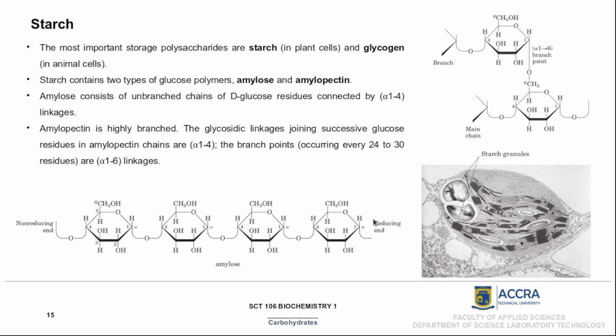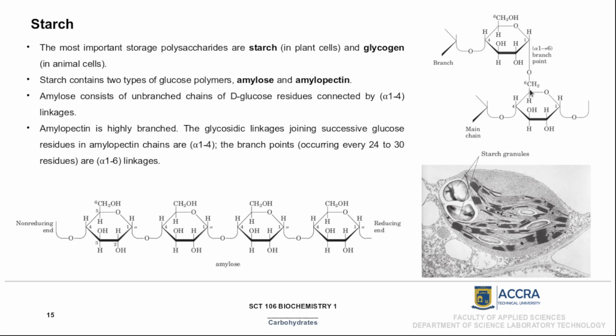However, in amylopectin, apart from the glycosidic bonds between the glucose monosaccharide units, you also have the alpha 1,6 bond.